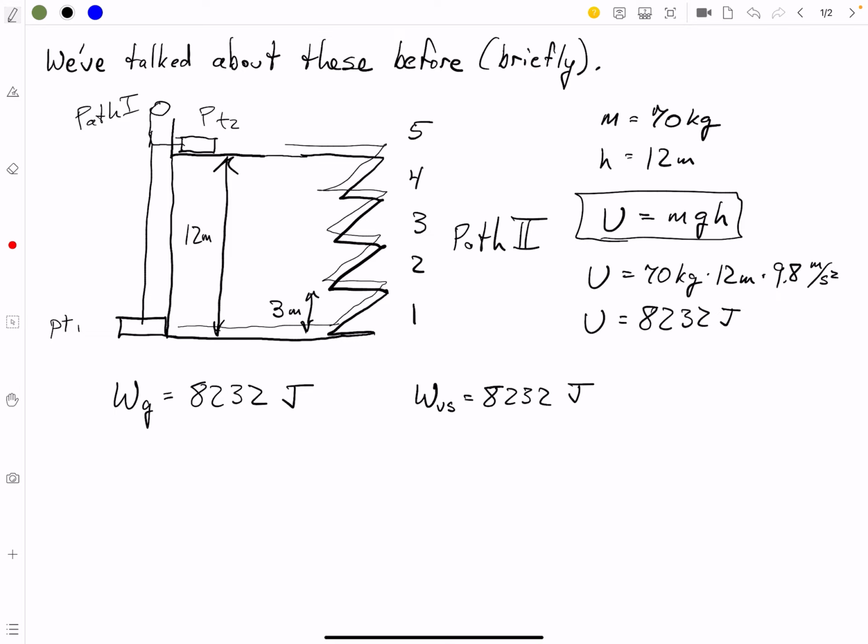It doesn't matter which path we take, as long as there's no friction. So this would be path 1, and path 2, same amount of work. This is all without friction.